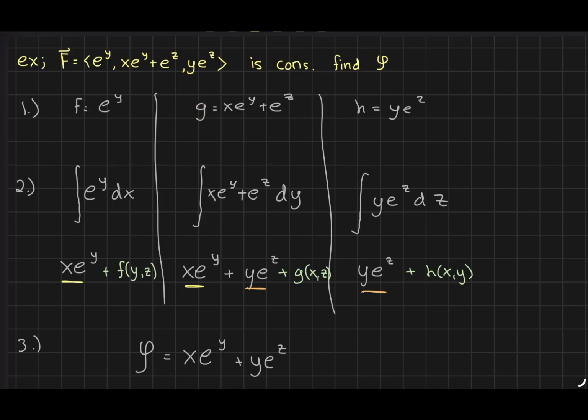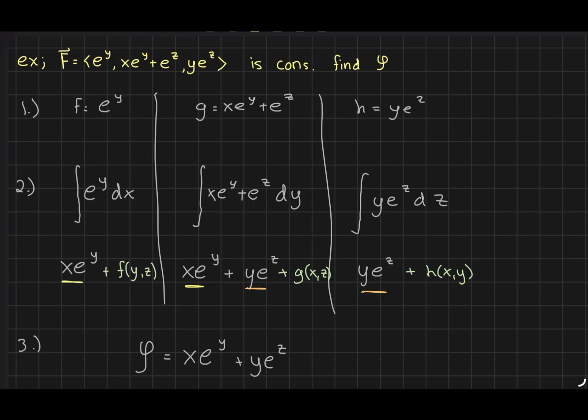We're integrating each separate part of our potential function. Therefore, the constant of integration essentially gets picked up in the other ones, right? So the constant of integration for perhaps the x e to the y might have been y e to the z, right? Because if we're taking the partial of y e to the z with respect to x, that's just going to be 0.